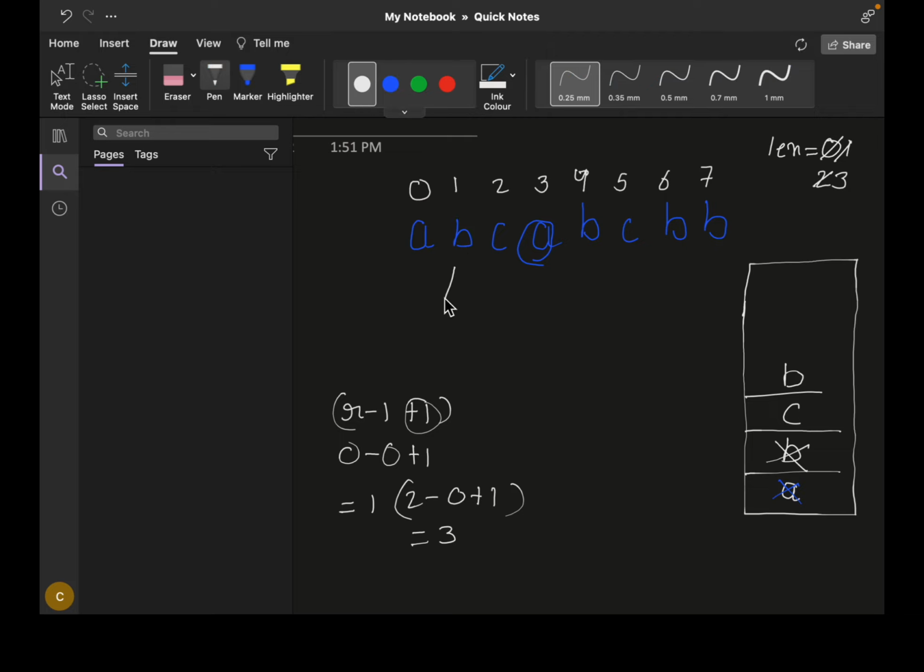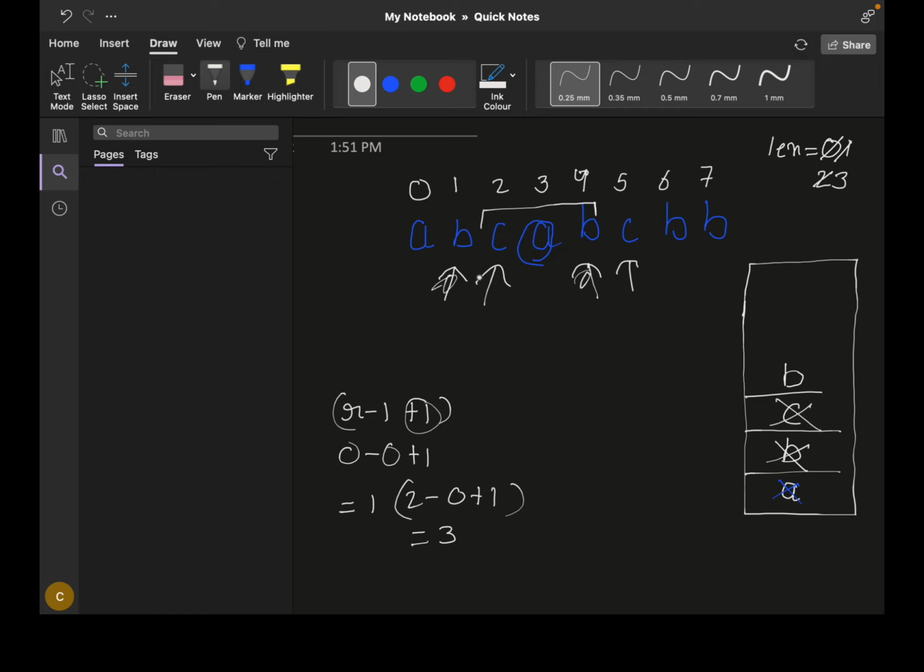Now the left pointer is here and the right pointer is here, so our current substring is this. We again move the right pointer forward, and it comes here. Now we check whether C is contained or not. C is contained, so we shrink our string from the left-hand side by removing the left character.